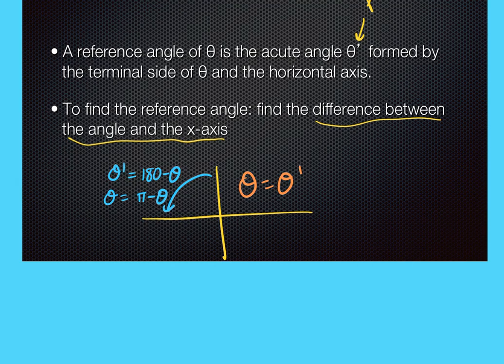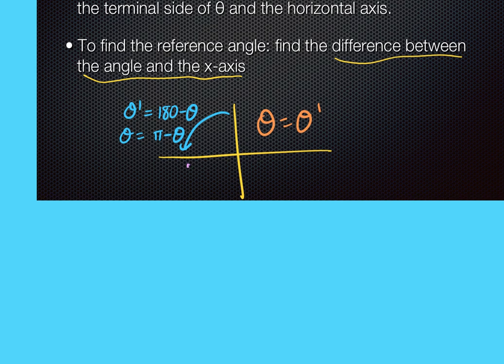In the third quadrant, so if it's bigger than 1 pi, but less than 1.5 pi, or bigger than 180, but less than 270, then I flip that. I say the reference angle is theta minus 180, or it's theta minus pi.